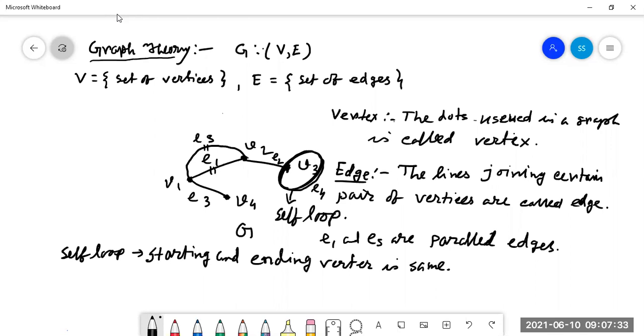Here the starting vertex is V3 and the ending vertex is also V3. So E4 is called the self loop.